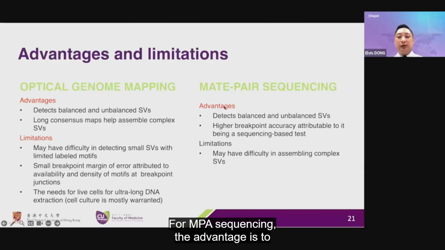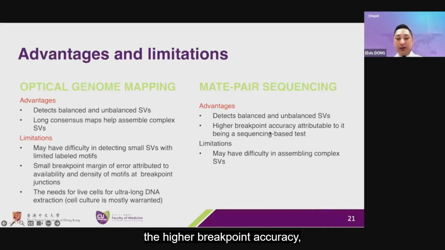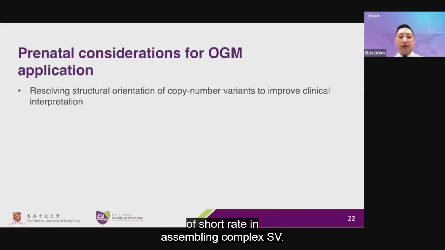For mate-pair sequencing, the advantages are detecting balanced and unbalanced structural variants and higher breakpoint accuracy, but the limitation remains the difficulty of short reads in assembling complex SV.